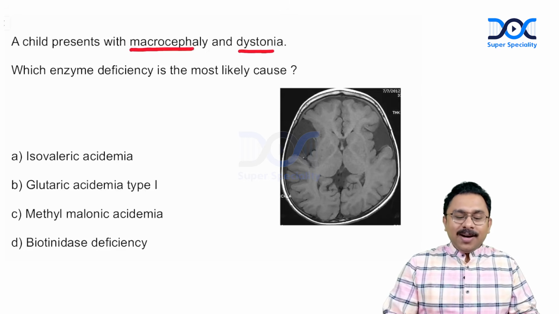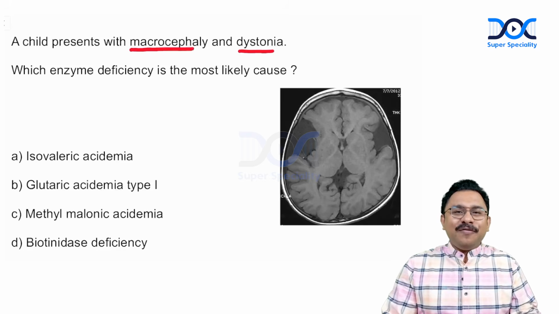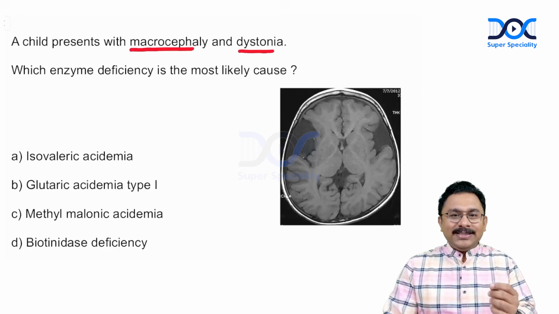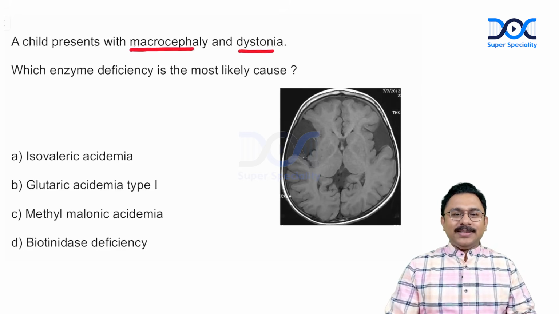The options are isovaleric acidemia, glutaric acidemia type 1, methylmalonic acidemia, and biotinidase deficiency. Mind you, the topic of organic acidemias is very important, and that can be asked, and this is a question based on the topic of organic acidemias.